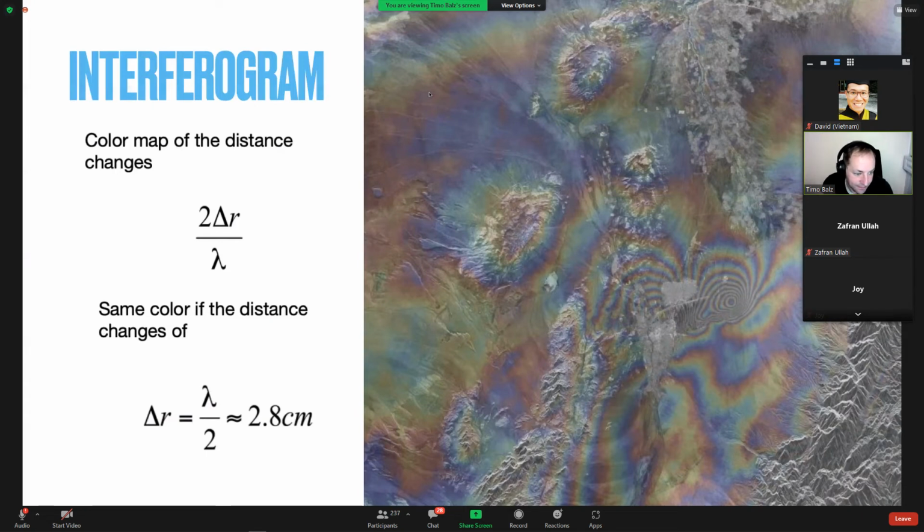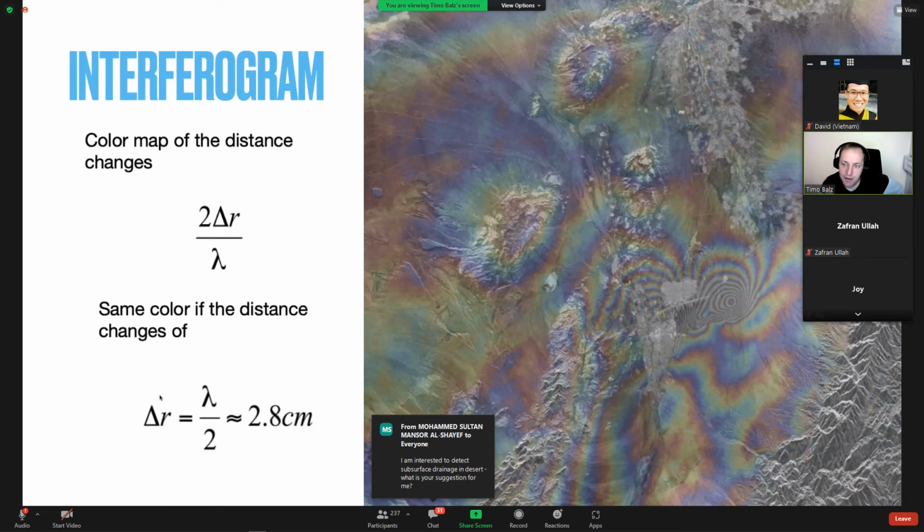If we assume a wavelength for C-band of 5.6 centimeters, then the same color, from red to red, corresponds to a distance change of 2.8 centimeters. Now, the distance change between image 1 and image 2 can be because of motion, and we will come to that.